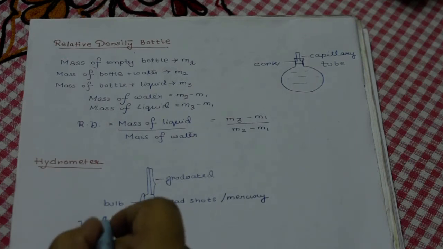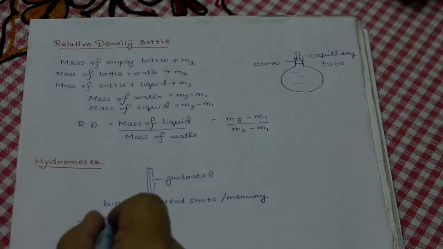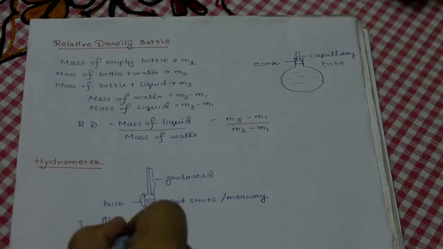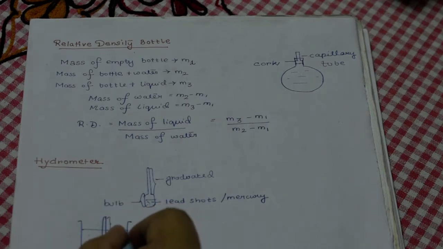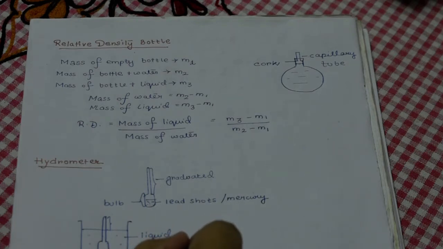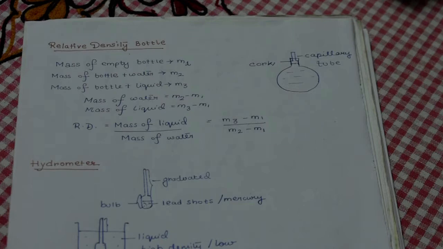Now based on how much of the hydrometer is outside the surface of the liquid, that is, how high it is floating or how low it is floating, one can find out whether this liquid has a high density or a low density.